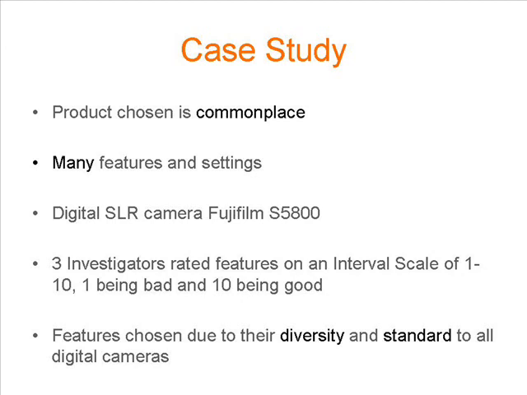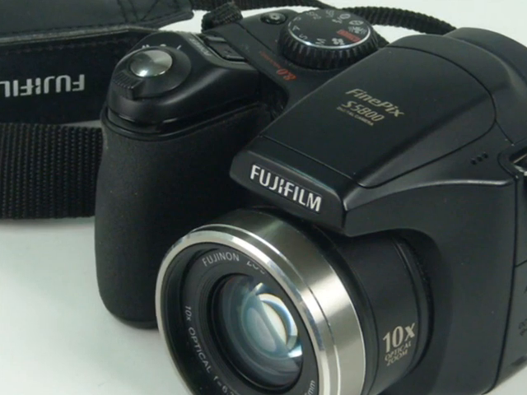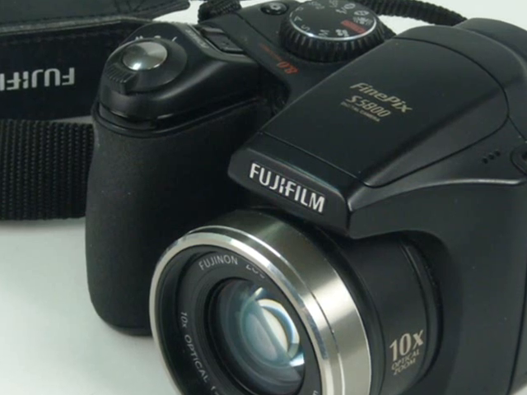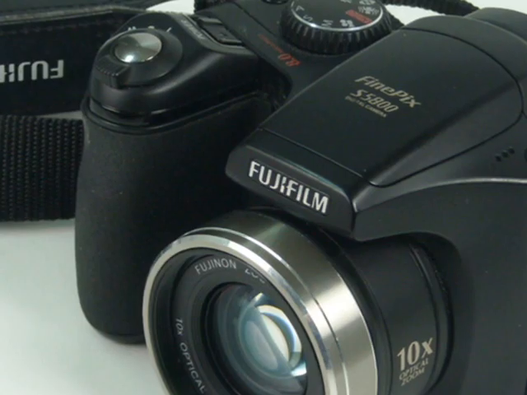A Fujifilm digital SLR camera was used with this particular checklist evaluation. 3 investigators with various different levels of experience with cameras were chosen specifically for this evaluation. The investigators rated the chosen features on an interval scale of 1 to 10, 1 being the worst and 10 the best.